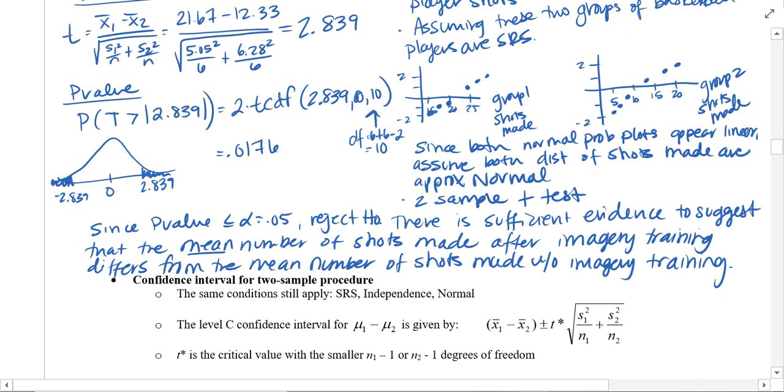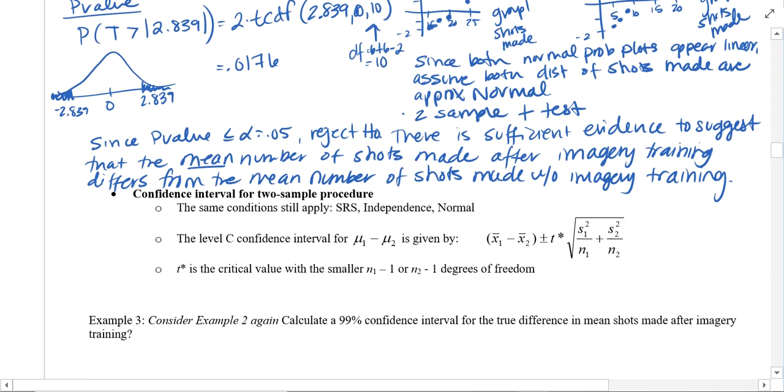All right. So on this, let me just scroll down a little bit. We're also going to do a confidence interval for the same data, just while we're talking about it. We have the same conditions: simple random sample, independence, and normal. So a lot of times these are a follow-up, like part A, do a confidence interval, part B, do a test.